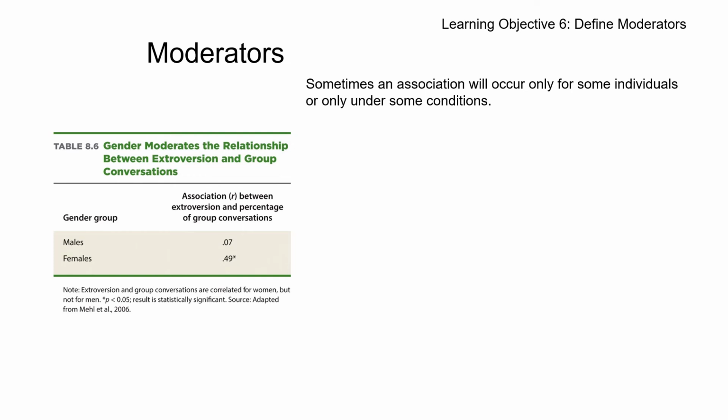In this case, we'll even say the relationship wasn't significant for high income. That means the association between recess and behavioral problems is only present for those with medium and low income.